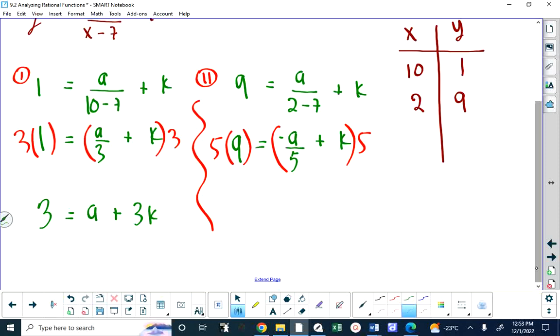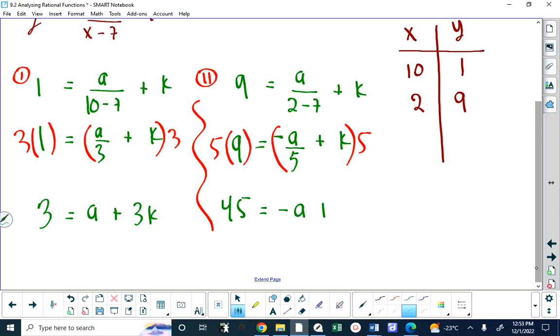This one, 5 times 9 is 45. When I multiply 5 by, don't forget about this negative here, by the negative a over 5, I get negative a. Oh, that's really nice because I noticed the other equation has positive a, so if I were to add them, the a's would be eliminated.